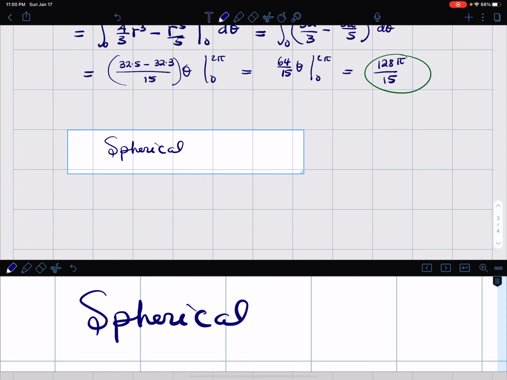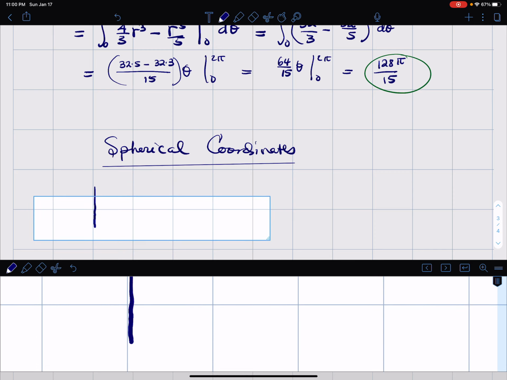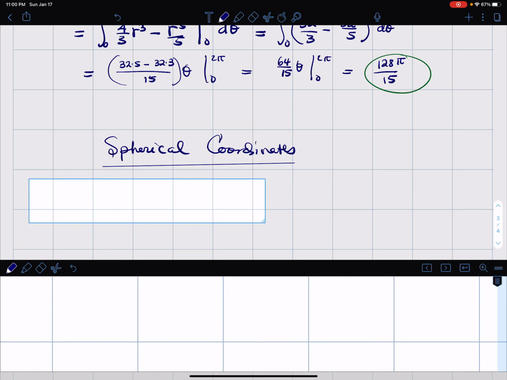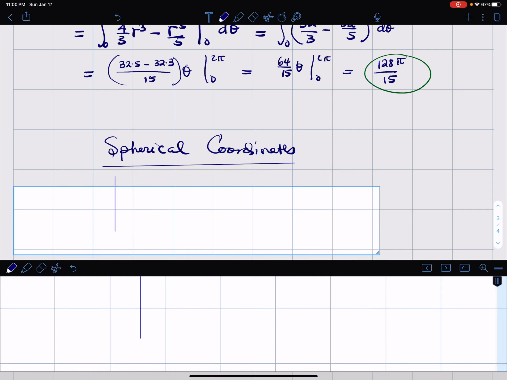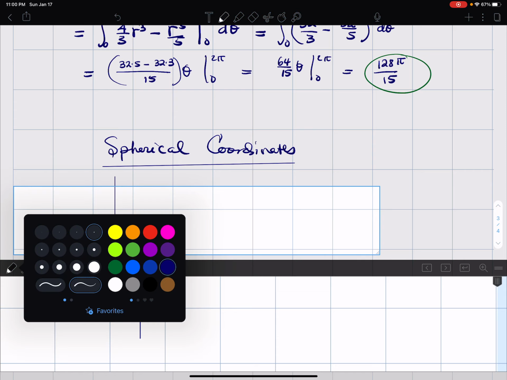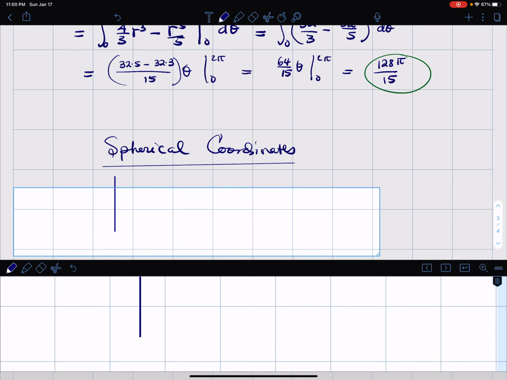So think about this. If we have a sphere, and we take a point on that sphere, assuming the sphere is centered at the origin.